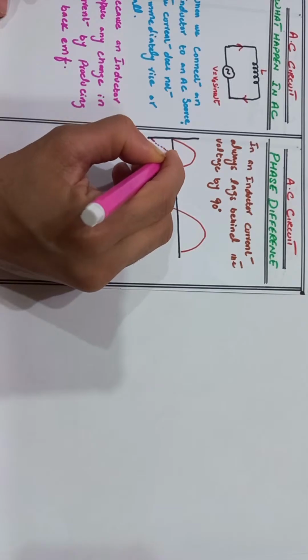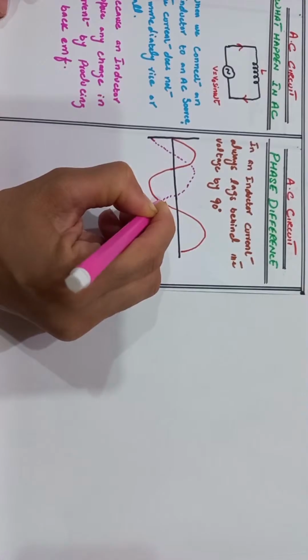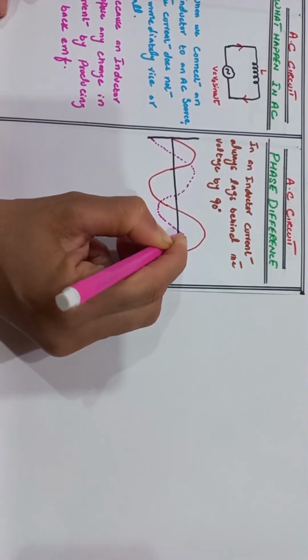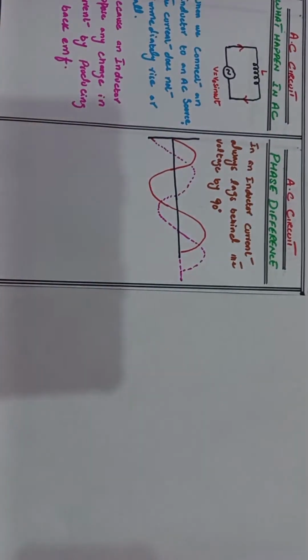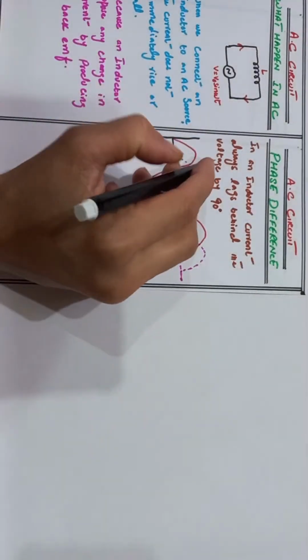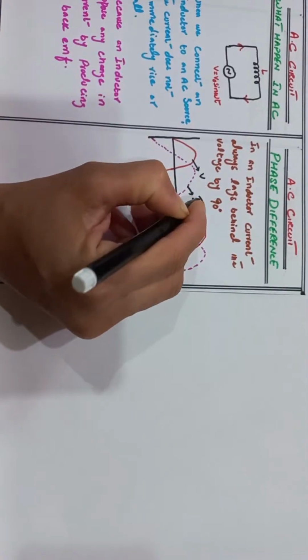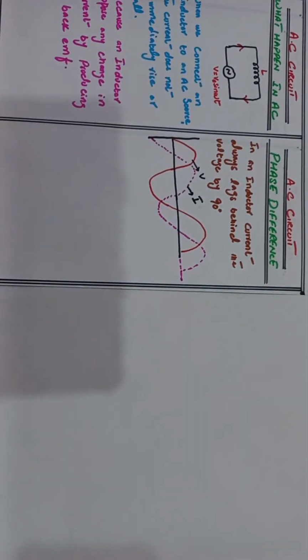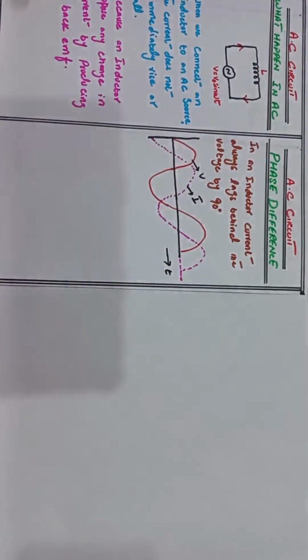So this is the graph of the current. Here we write that this is the graph of the voltage and this is the graph of the current that is changing with time.